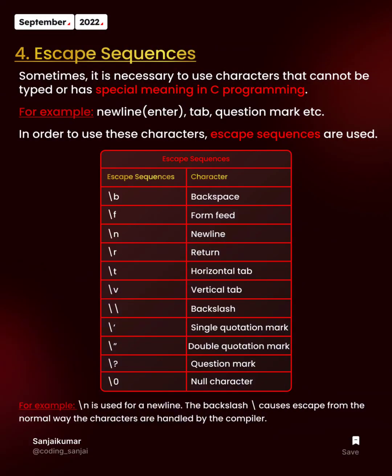Escape sequences in C language are listed below: \b for backspace, \f for form feed, \n for new line, \r for return, \t for horizontal tab, \v for vertical tab, \\ for backslash, \' for single quotation mark, \" for double quotation mark, \? for question mark, \0 for null character. For example, \n is used for a new line. The backslash causes escape from the normal way the characters are handled by the compiler.